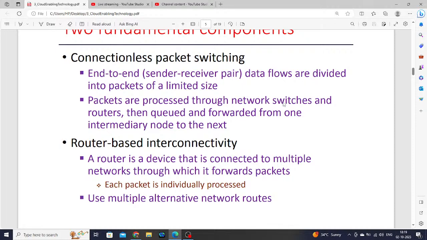They are queued and forwarded from one intermediary node to the next. So the sender sends the data in packet format, and the receiver receives it through the intermediary network switches.